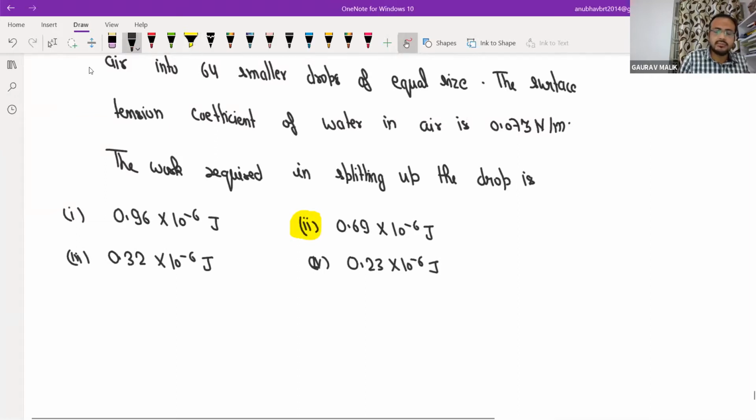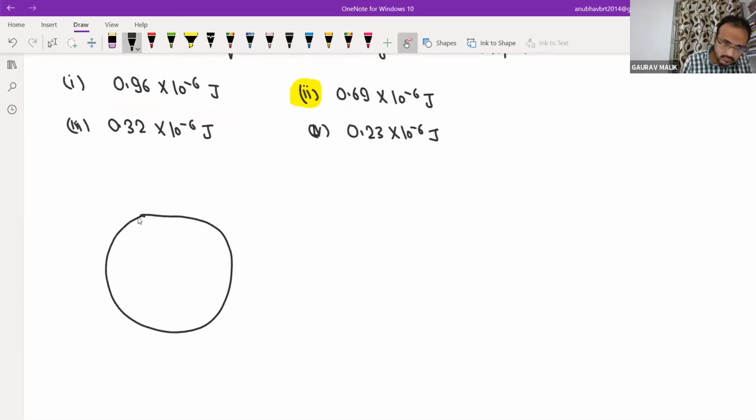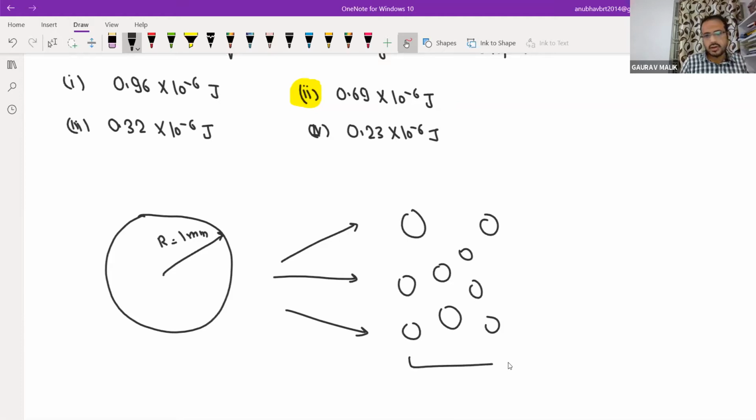Now we will solve it. Initially we have R equal to 1 millimeter, and after splitting, you are getting 64 drops.